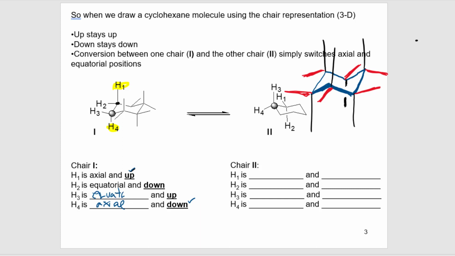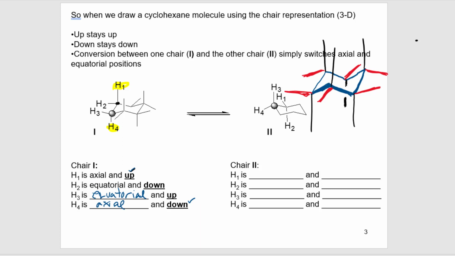You can't have two axials and two equatorials on the same carbon. And if it's tough to identify the equatorial as either up or down, take a look at its axial partner. H1 is axial up, therefore H2 must be equatorial down. H4 is axial down, therefore H3 must be equatorial up. So assign the axials first, and by default, you'll know what the equatorial is.